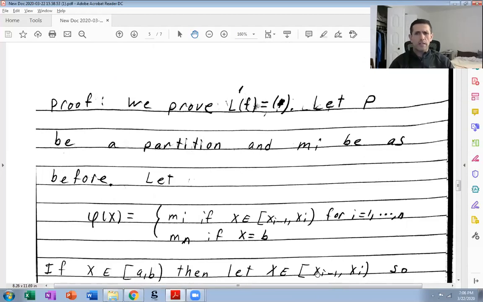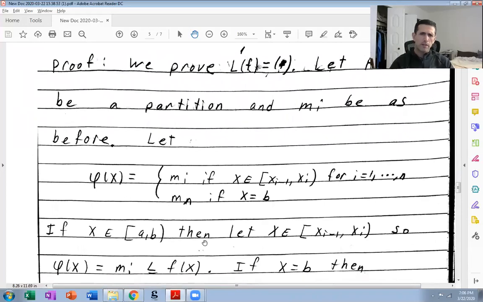Then it's in one of these half open, half closed partition intervals. By definition, phi of x is little mi. Little mi is the infimum of f of x over this closed interval, xi minus 1 to xi closed. Certainly, if x is in this half closed, half open interval, then it's in the closed interval, where I put a bracket here. So that this infimum, which is a lower bound of all these f of x's, is less than or equal to this particular f of x.